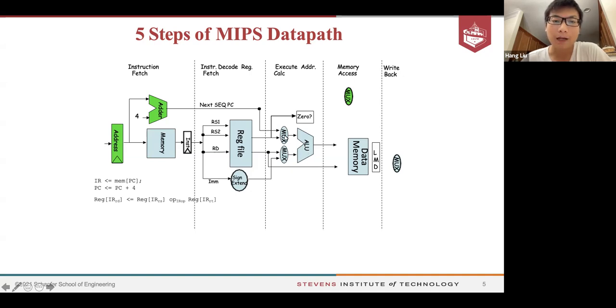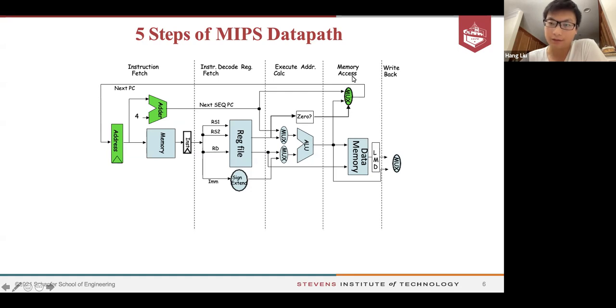MUX is the multiplexer, which means you can either use the output from the register file of the 2 sources, or you can use the PC, or you can use the immediate, whichever you feel is the correct one. You choose one of them as the input for the ALU. And then this equals 0 or not is for BEQ, right? Branching if it's equal to 0. And then the output goes to the memory, okay?